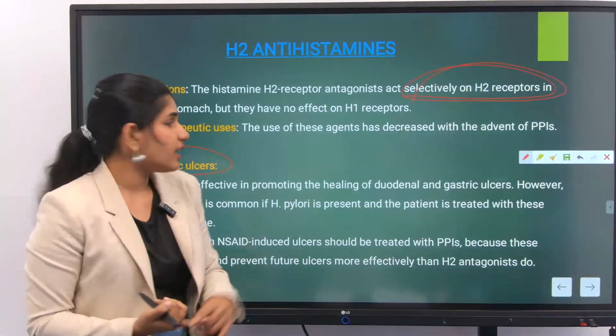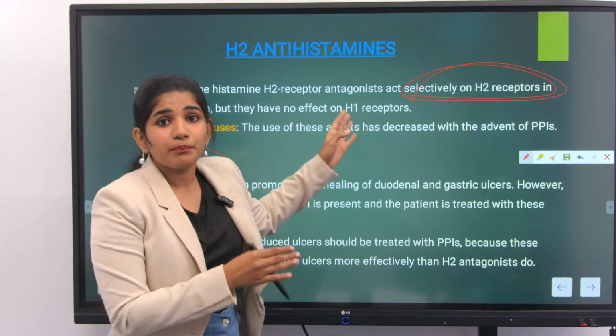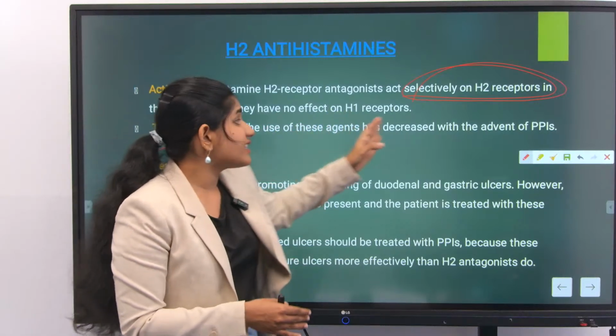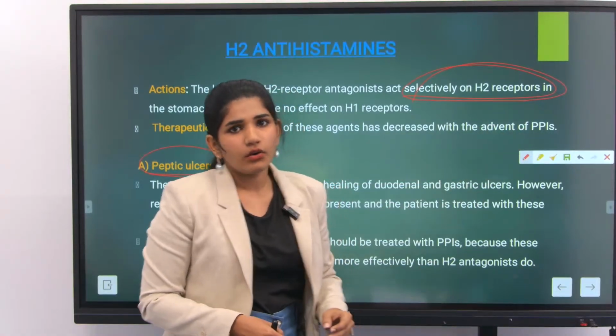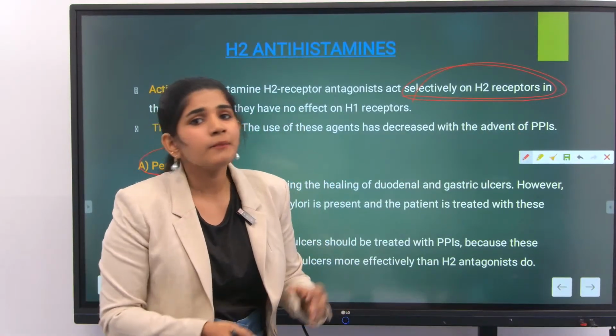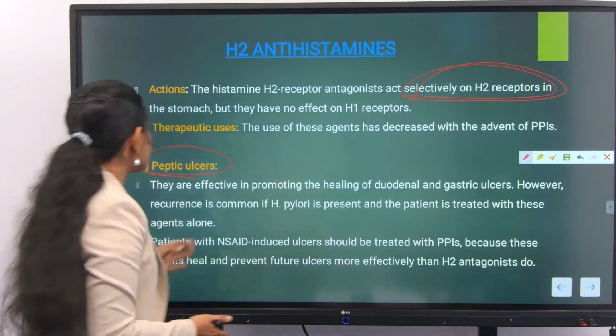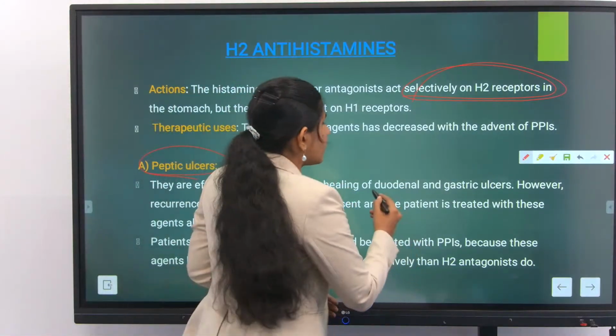The first use is the peptic ulcer, and I have already said that the use of these agents has decreased with the advent of the proton pump inhibitors. Now we widely go for proton pump inhibitors rather than H2 antihistamines. They are effective in promoting the healing of duodenal and gastric ulcers, the two types of ulcers.